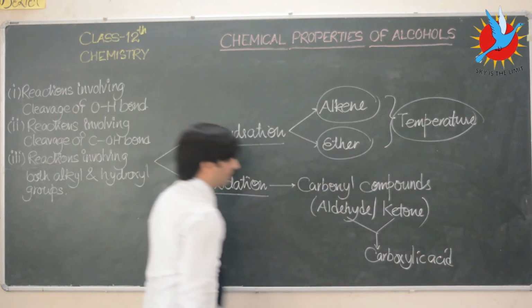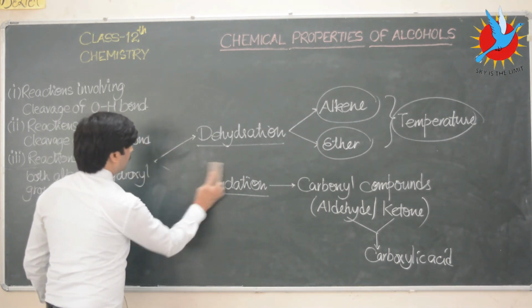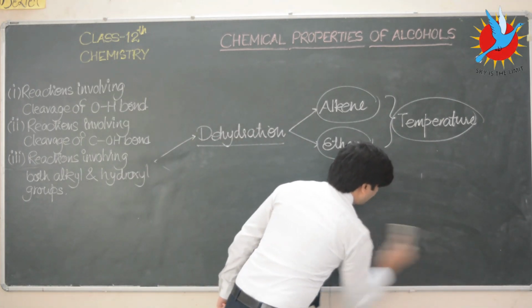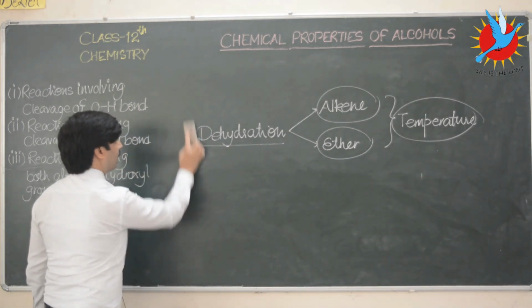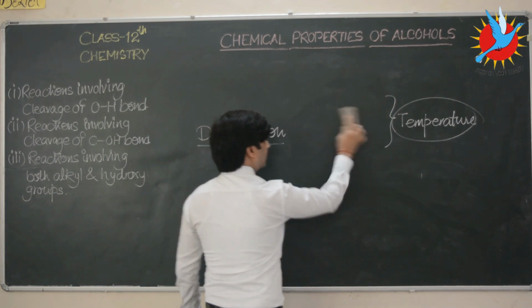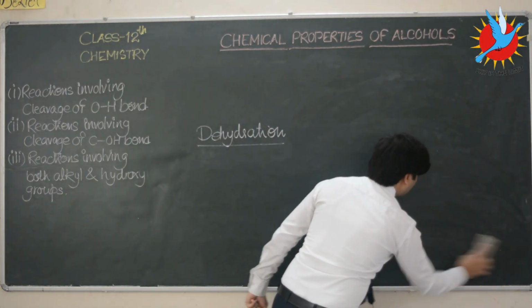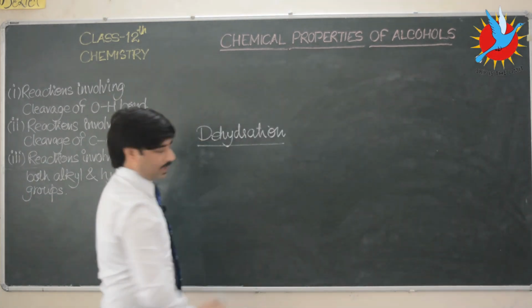So now we are going to discuss dehydration of alcohol. We have two products formed after the dehydration of alcohol, either alkene or ether, and this particular product depends upon the temperature condition.